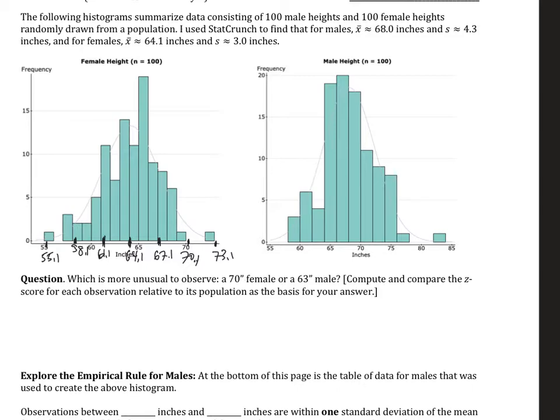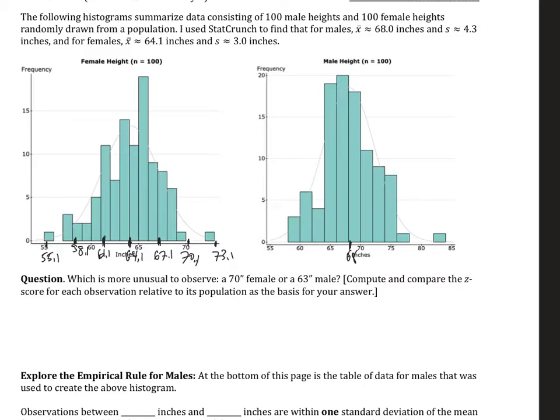So I'm going to go ahead and label my male heights as well. That one's a little harder to do the arithmetic, and you probably need a calculator for that because my standard deviation is 4.3, which is a little bit more involved for adding and subtracting. But 68 will be somewhere in here. So this will be my mean, around 68.